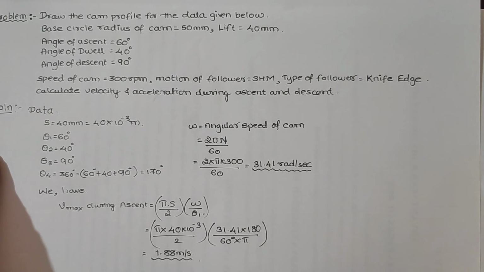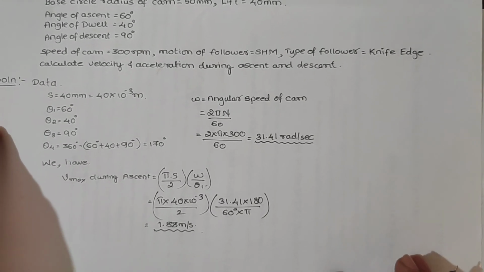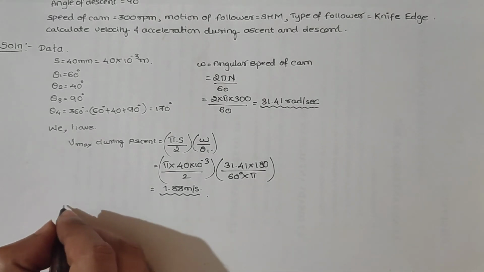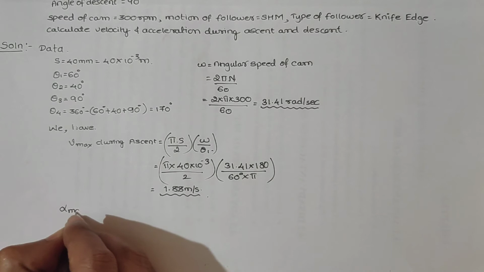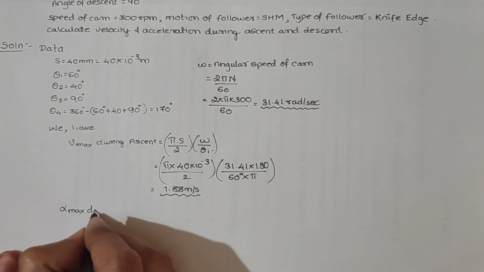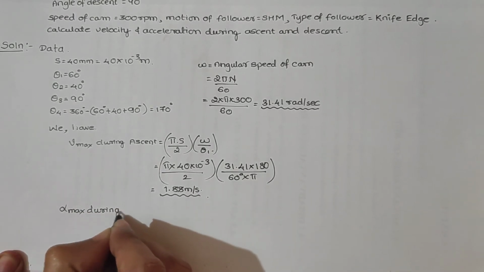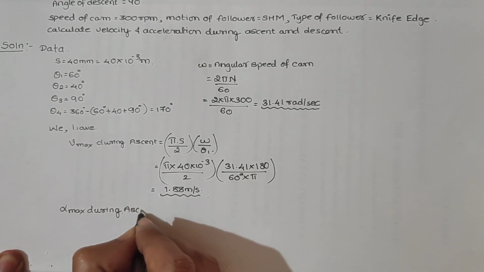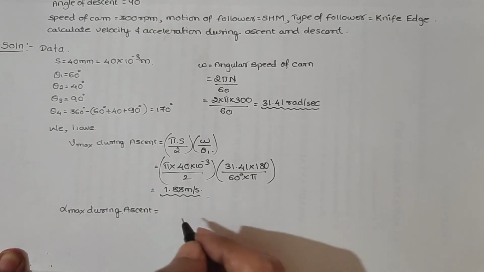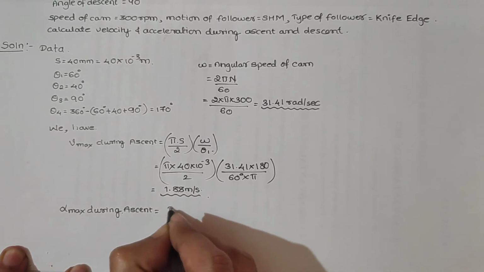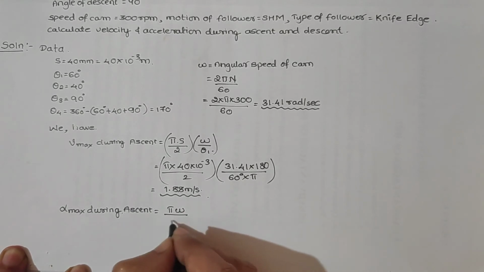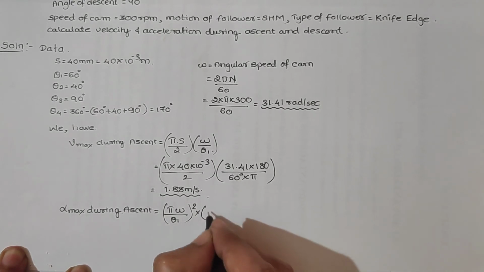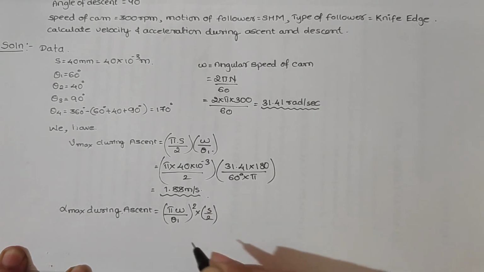Similarly, I need to find out the maximum acceleration. How to find out the maximum acceleration? We know acceleration is a derivative of velocity. d by dt of velocity will give you the acceleration. So the equation for this one is pi omega divided by theta 1, whole square, into S divided by 2.